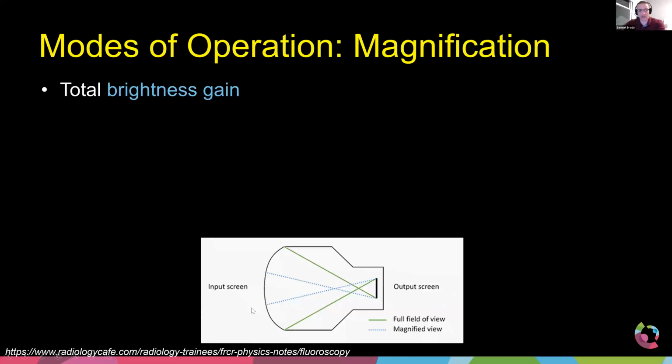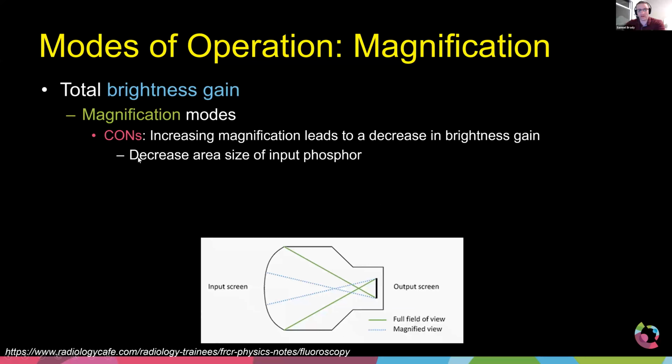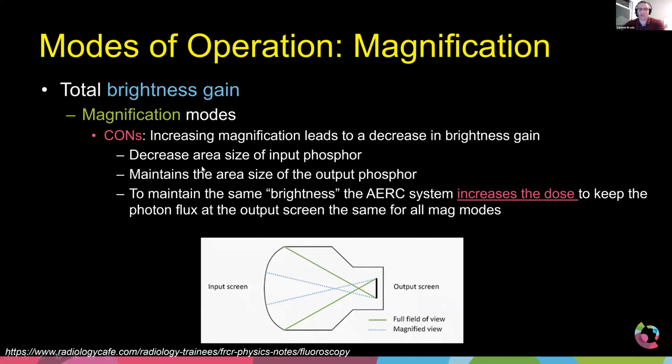Because we change from large field of view to small field of view, and because the brightness gain changes for each one of these field of views or magnification modes, the problem with that, the con, is that by decreasing the field of view, so it's smaller, i.e. we're increasing magnification mode, we're decreasing our gain. Therefore, the brightness on the system, the amount of photons collected down here, goes down.